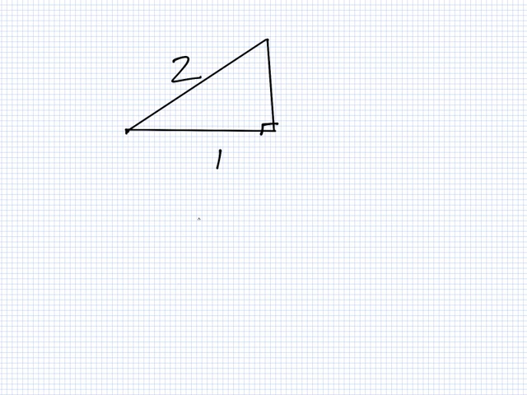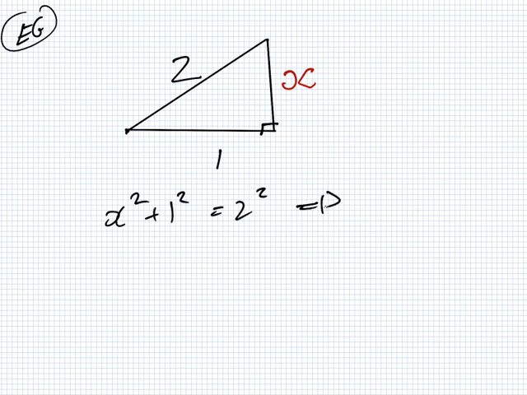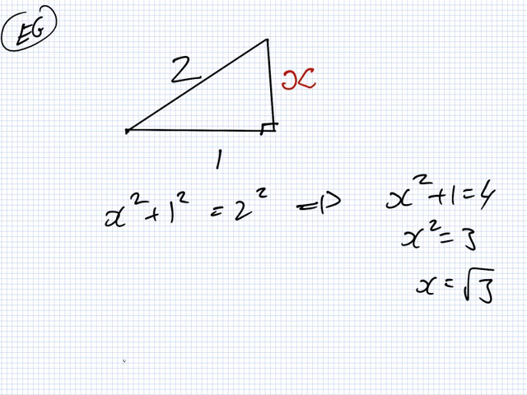So the first thing I want to do is find this side here. So we'll start off by using Pythagoras. So x squared plus 1 squared equals 2 squared. So that means x squared plus 1 equals 4, x squared equals 3, x equals root 3. So now my triangle looks like this. 1, 2, and root 3.